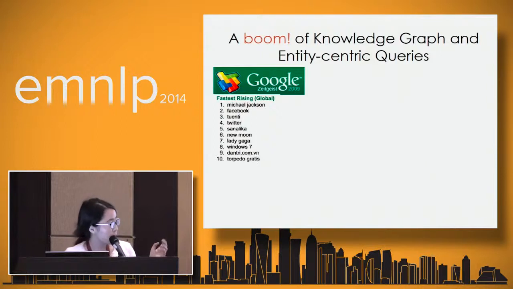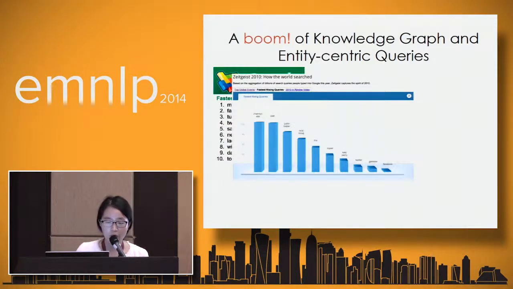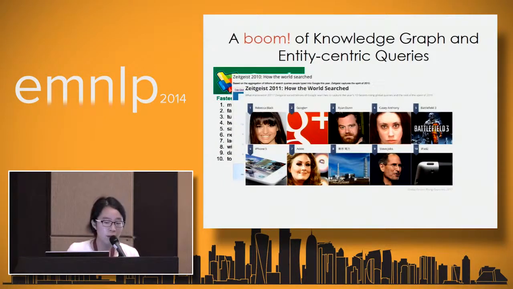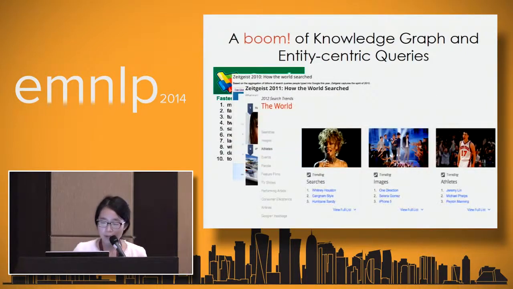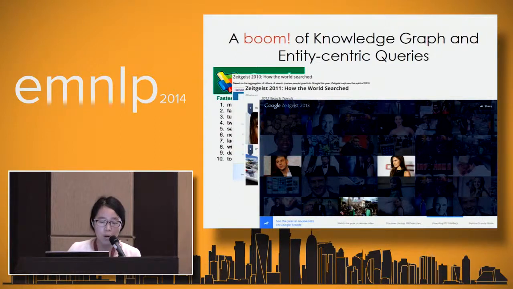In early years, top queries are modeled as strings, and then from 2011, the entities start to show up, and the schemas are more enriched. So from the most popular queries, we can see that entities are playing a more and more important part.